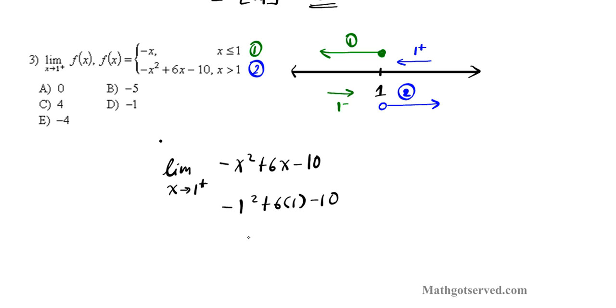If you simplify this, you have negative 1 plus 6 minus 10. And your final answer is negative 5, right? Because you have 5 minus 10, which is negative 5. Option letter B.